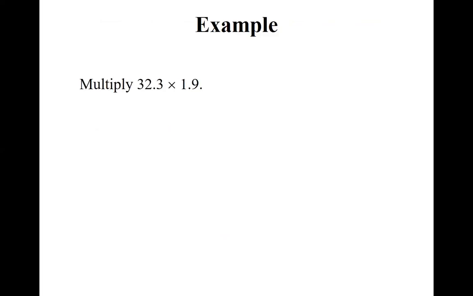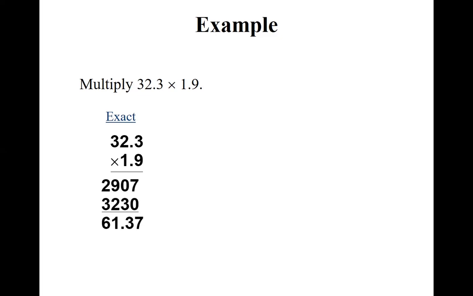Let's multiply 32.3 times 1.9. We'll do exact, we'll do estimate, we'll make sure that we're close. Exact would be 32.3 times 1.9. 1 decimal place from the first number and 1 decimal place from the second number give us 2 decimal places in the answer. 61.37.